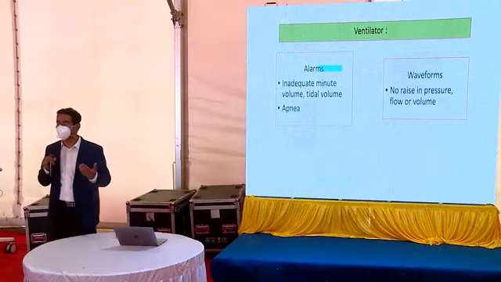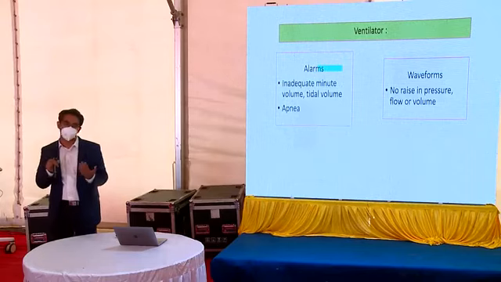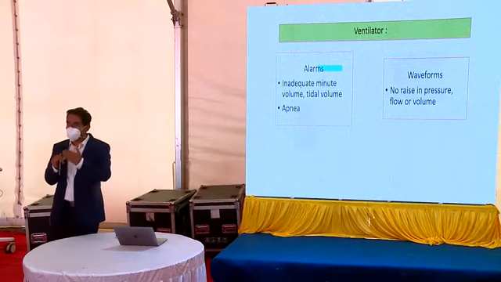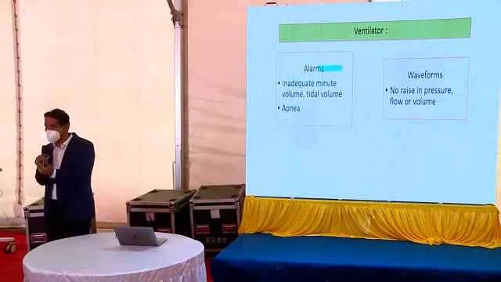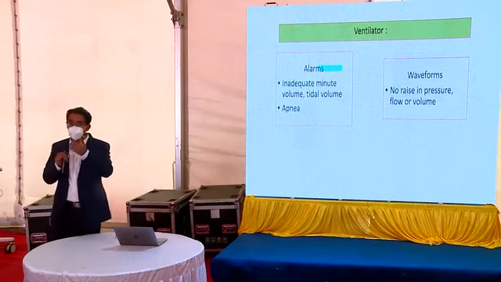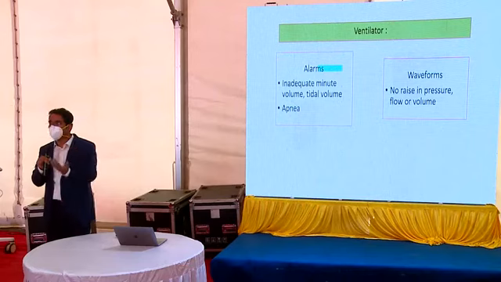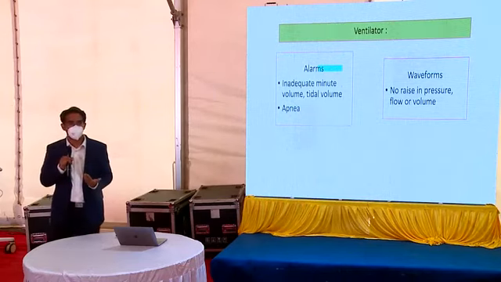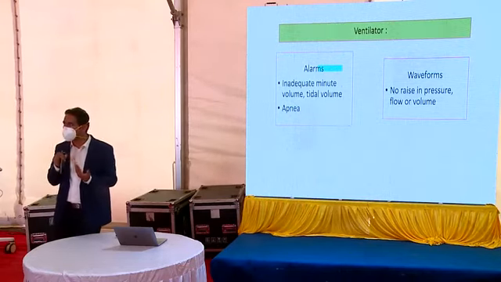One is a significant leak prior to the endotracheal tube. Please remember, only if the leak happens after the flow sensor is connected, that is distal to the place where we connect the flow sensor, will that leak be shown on the ventilator. But if the leak is happening before that, then the flow sensor will not detect any flow at all. So how does the ventilator detect a leak?